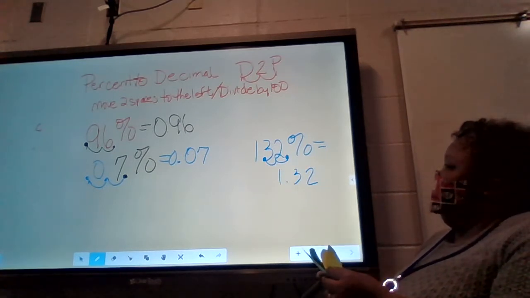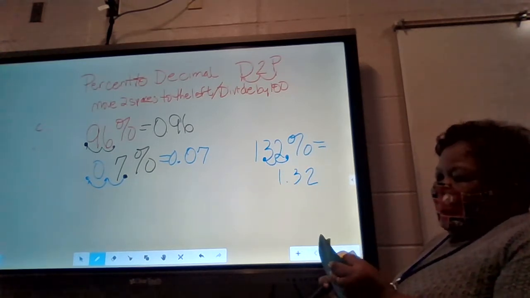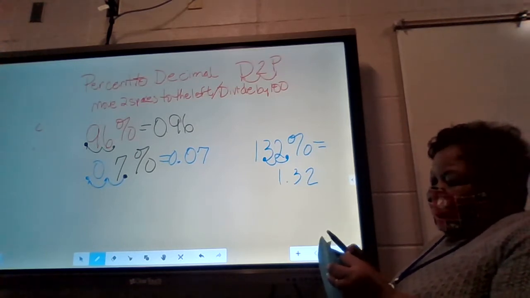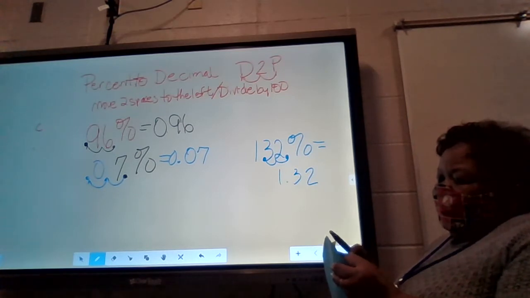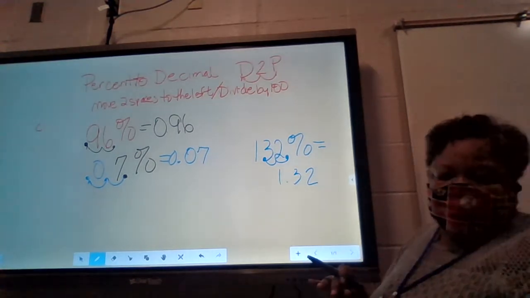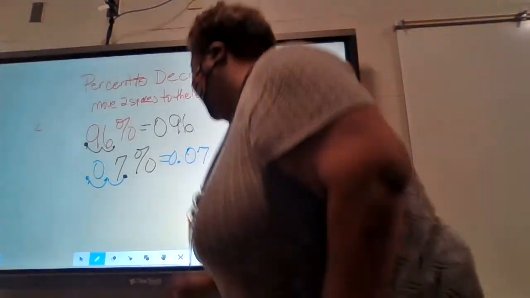The rule for decimal to fraction says, move your decimal 2 places to the right, place your number in the numerator with 100 in the denominator, and then reduce as far as possible.